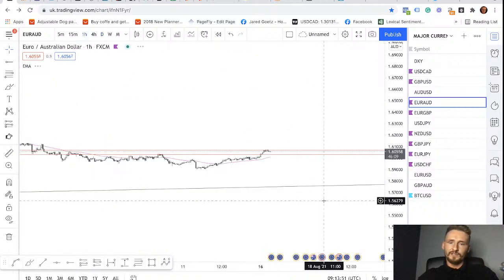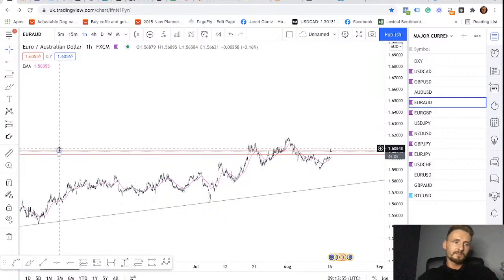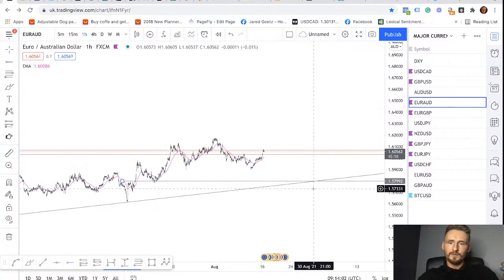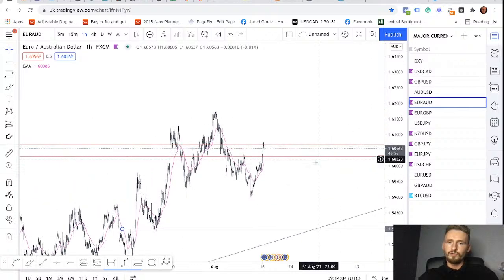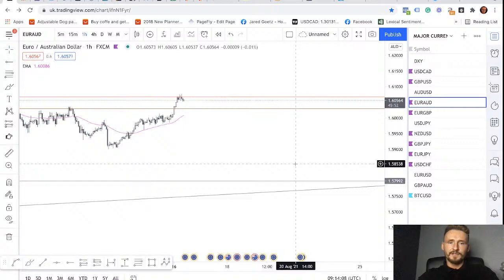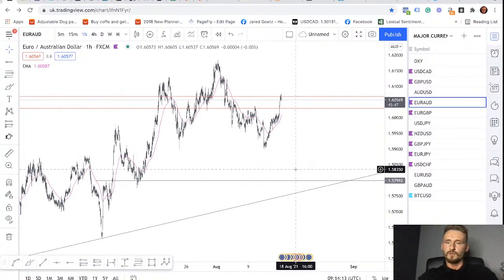But looking at room to the downside, one could argue you can maybe get a counter trend trade. But again, if you are not familiar with it, I wouldn't recommend this for anybody watching right now to be taking counter trend trades. I would just be patient and wait for price action to come back down in an area like this.